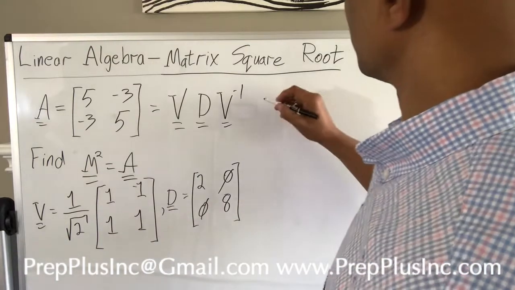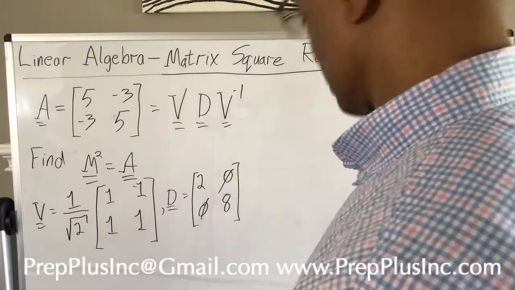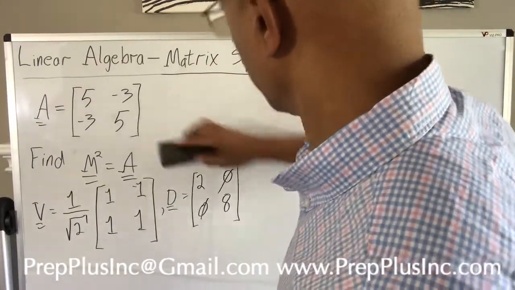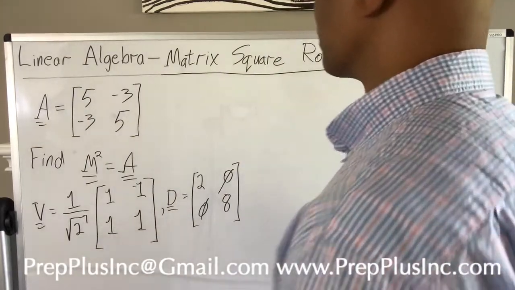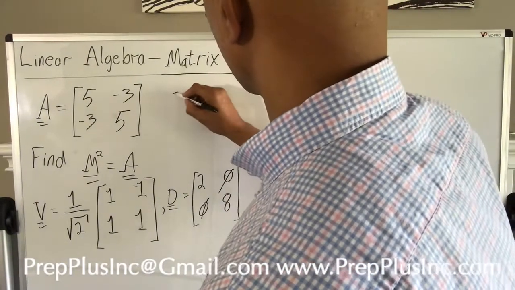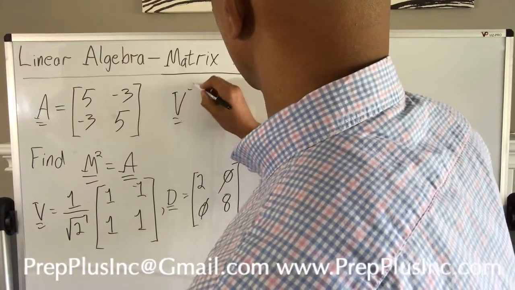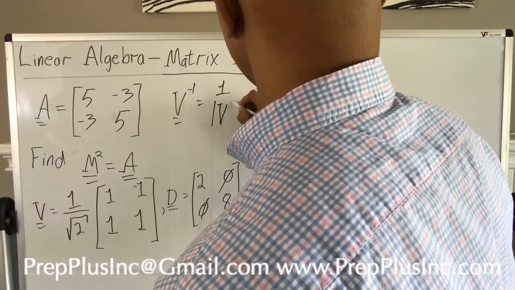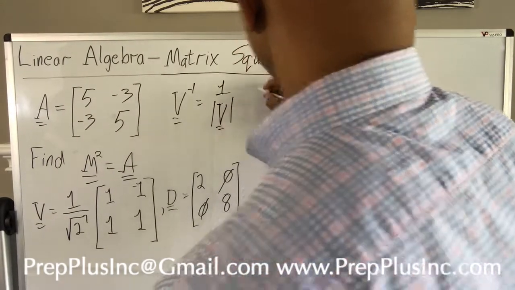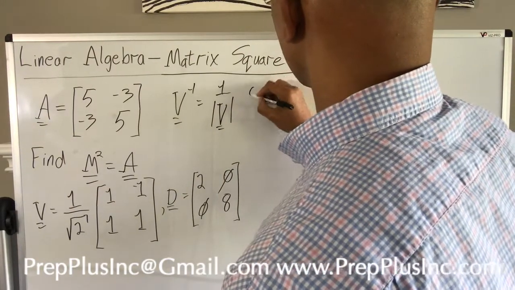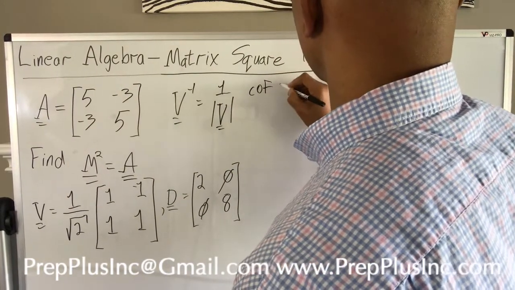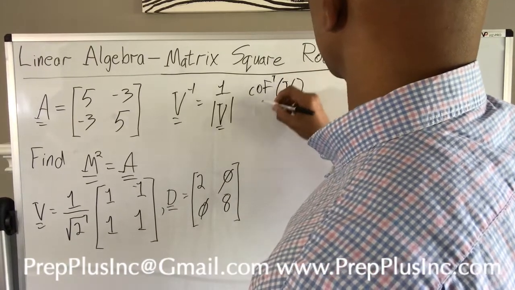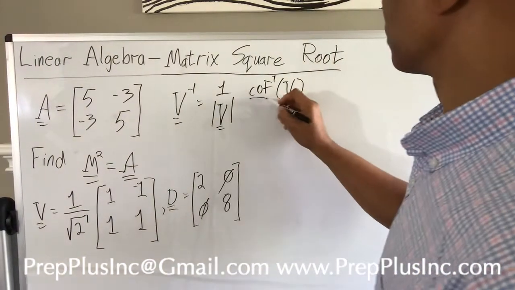That's a mouthful, but it's very straightforward to calculate. V inverse equals 1 over the determinant of the V matrix times the transpose of the matrix of cofactors.